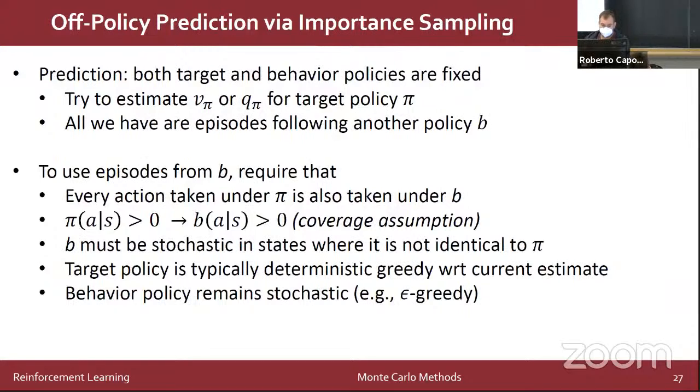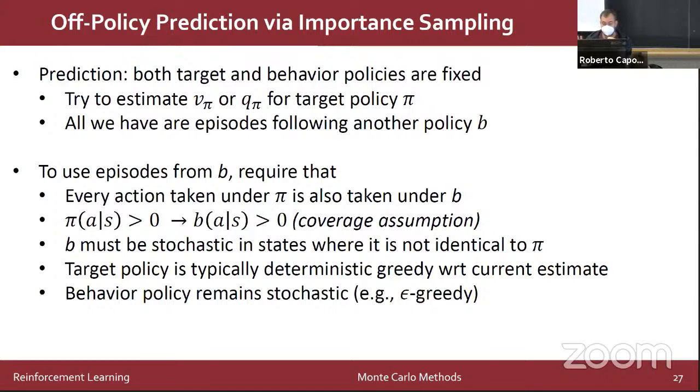So how does this work, and what are the assumptions that we need in order to have this working? What we're trying to do, as I already said, is estimate the V pi or the Q pi for the target policy pi. So we're calling the target policy pi. And we said we are generating data, so we are executing the policy B, which is the behavior policy, which is the one that is running our episodes. In order to do this, we need some assumptions that need to be respected.